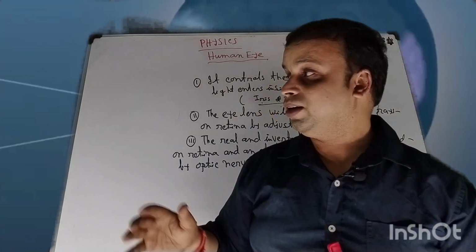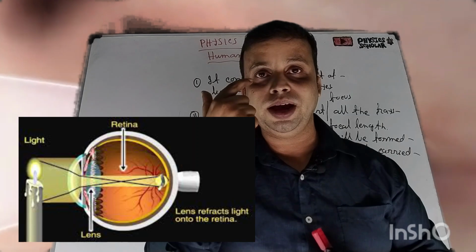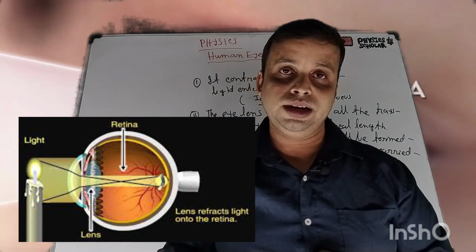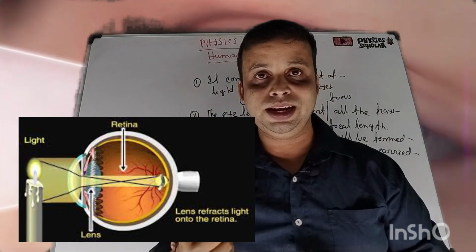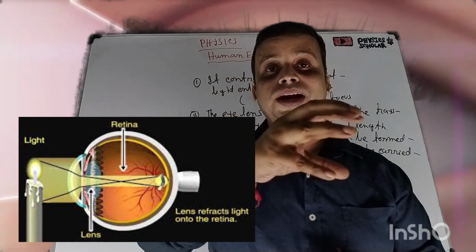Clear? So what is the function when the light comes? The pupil will control the amount of light going inside our eyes. And the lens will do the converging part.